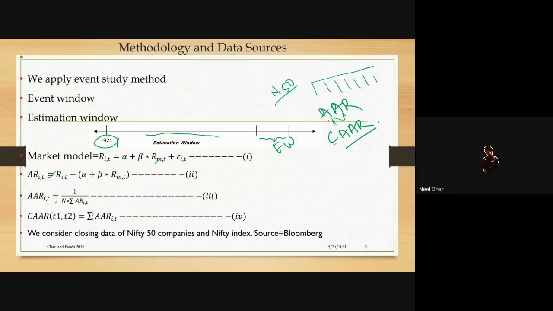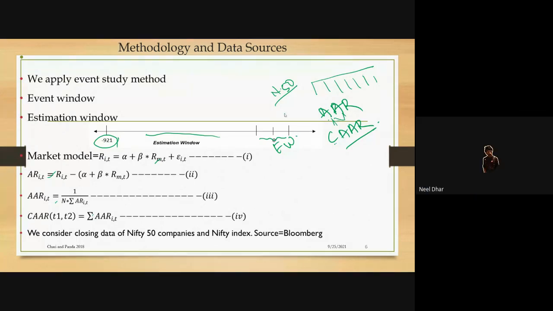Just a doubt. Your estimation window is before the event window. Don't you also want a healthy amount of time after the event window to study what has happened, or do you just want to study in the event window? No, no. See, in the event window.